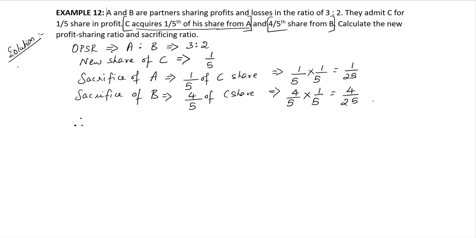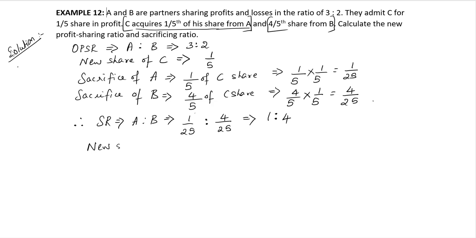Therefore, the sacrifice ratio between A and B, sacrifice of A, which is 1 divided by 25, is to the sacrifice of B, which is 4 divided by 25, which comes up to 1 is to 4.